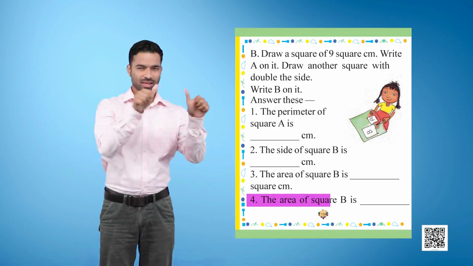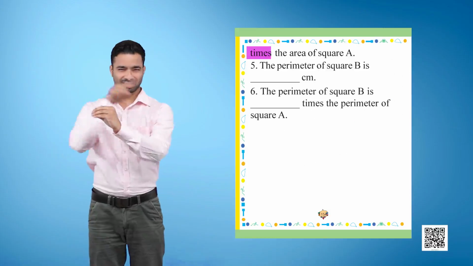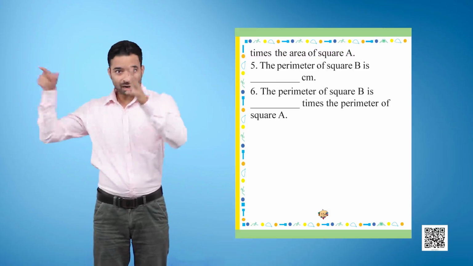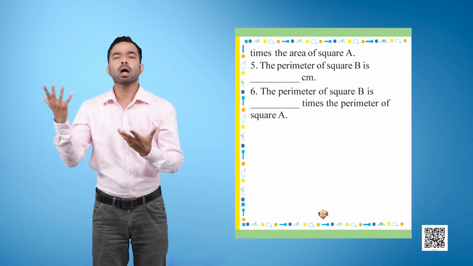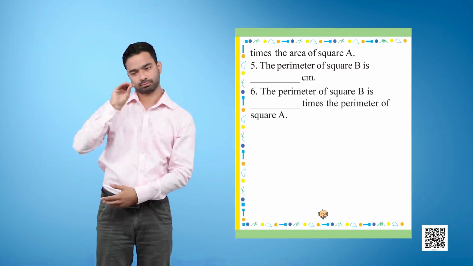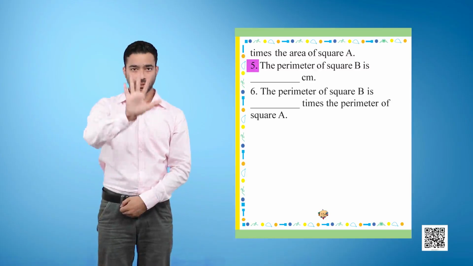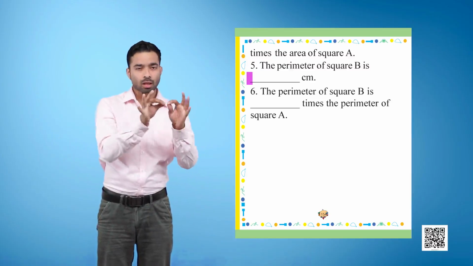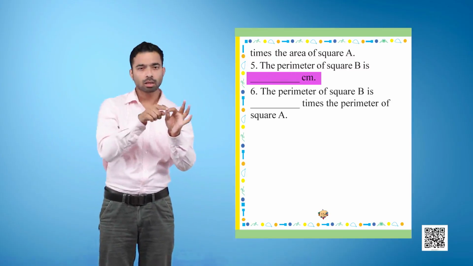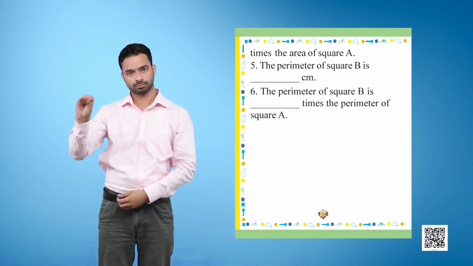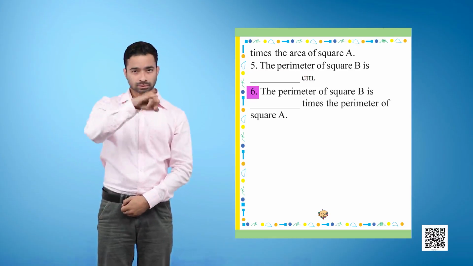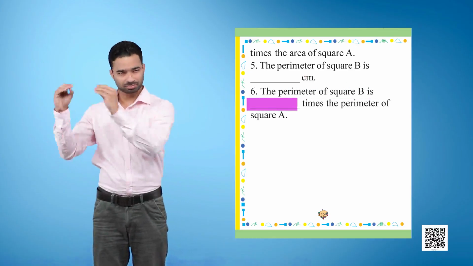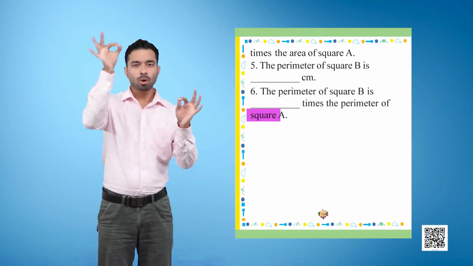The area of square B is dash times the area of square A. 5. The perimeter of square B is dash centimeters. 6. The perimeter of square B is dash times the perimeter of square A.